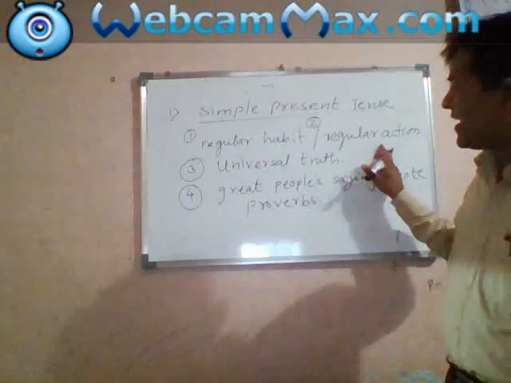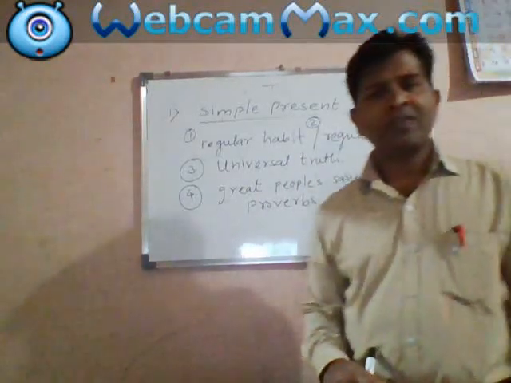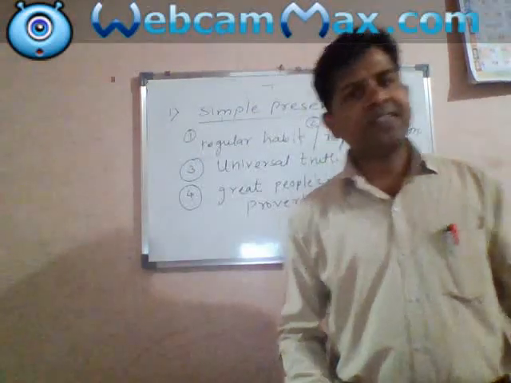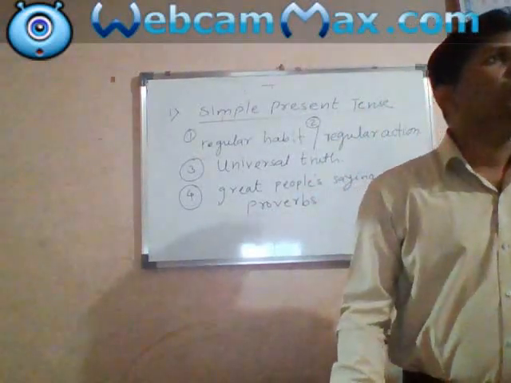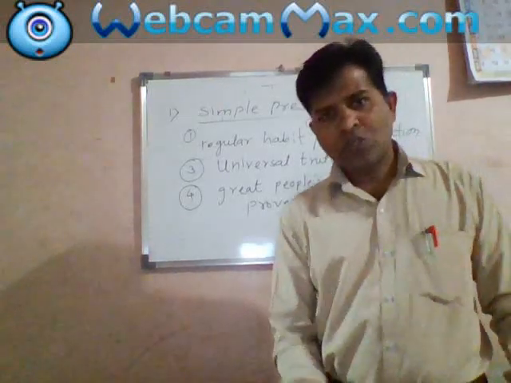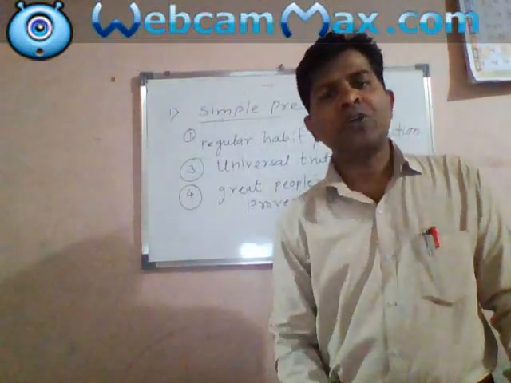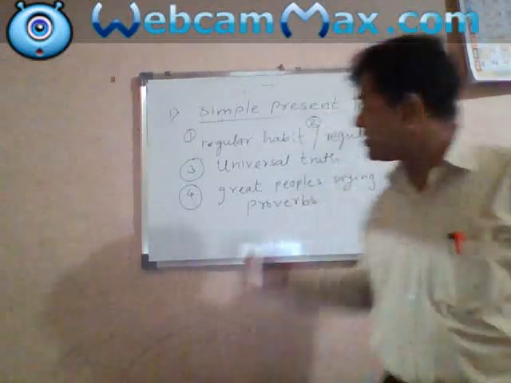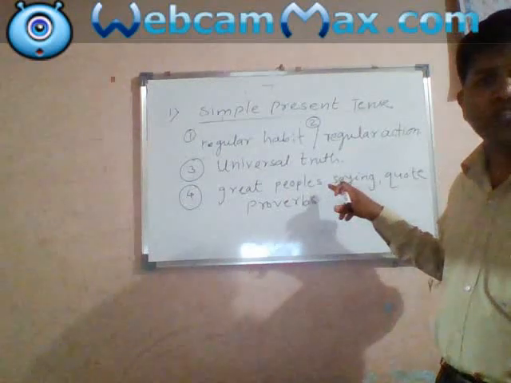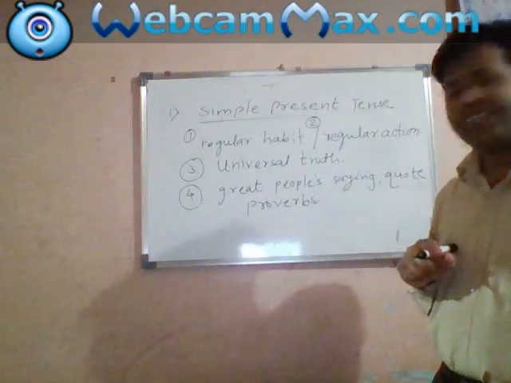Okay, regular action. Universal truth: the sun rises in the east. The sun sets in the west. So these are universal truths. Universal truths, regular habits, and regular actions must be spoken in simple present tense.